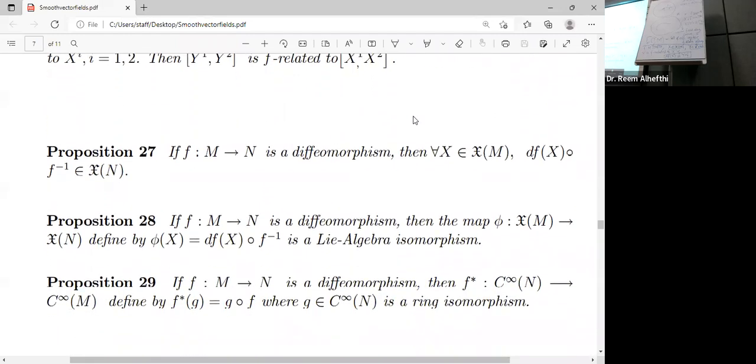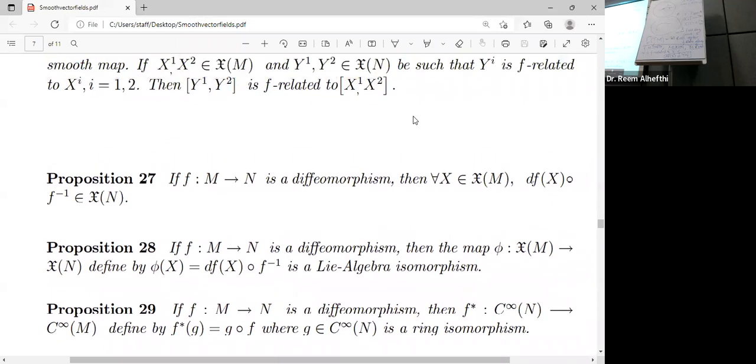Sorry, maybe I missed something. What's the composition here? What's the meaning of that composition? Why the map? Why circle? Because this will operate at a point of the manifold. This will operate at the point of the manifold, so from M to N. Yes, so it has to operate on the manifold N. So you need F here.